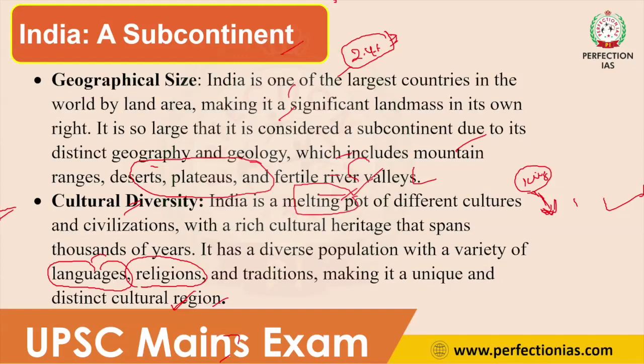Gulf countries or South Asian countries contain mostly a particular religion. In Saudi Arabia, the major population is Muslim. In Myanmar, the major population is Buddhist. But unlike those countries, India contains all the religious populations. Because of this cultural distinctness, India is known as a subcontinent.